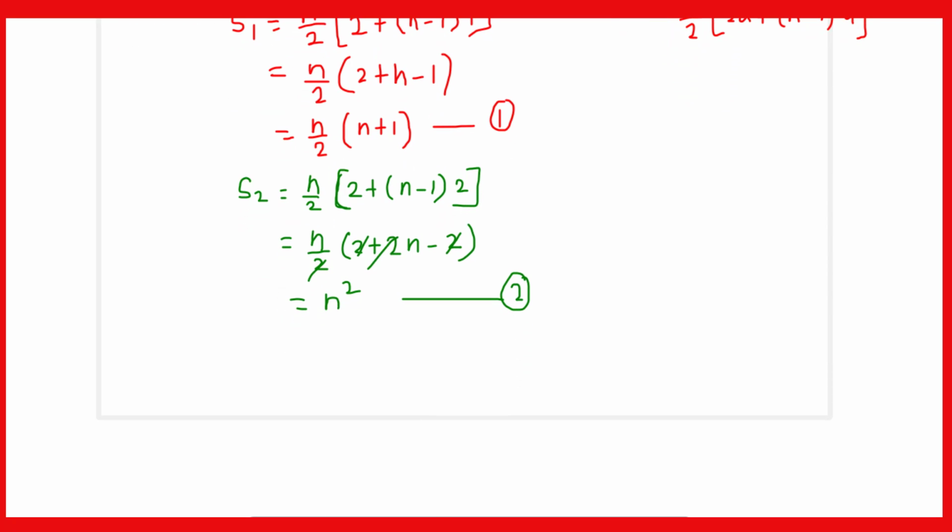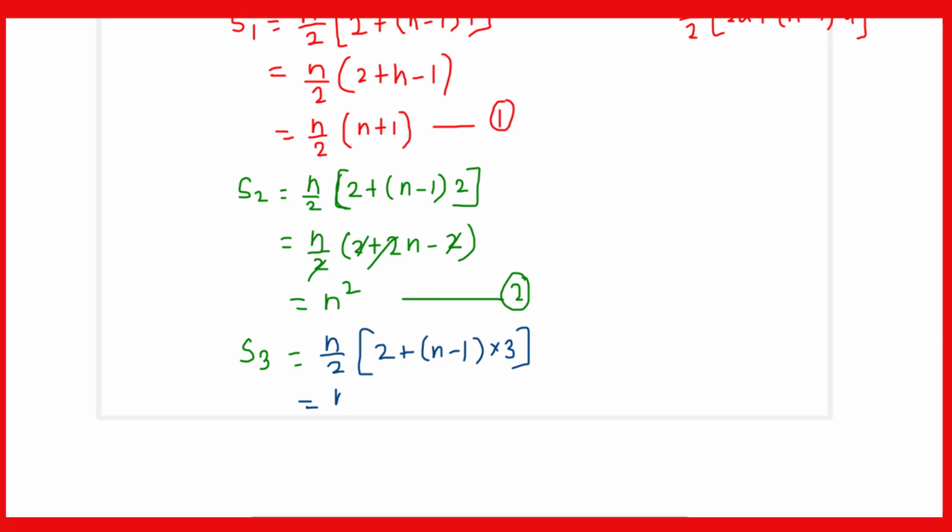So it is the second term. Now we will find S3. So S3 is equal to n by 2 into bracket 2a, a is 1, so it will be 2 plus n minus 1 close the bracket into d, d is 3, close the bracket.